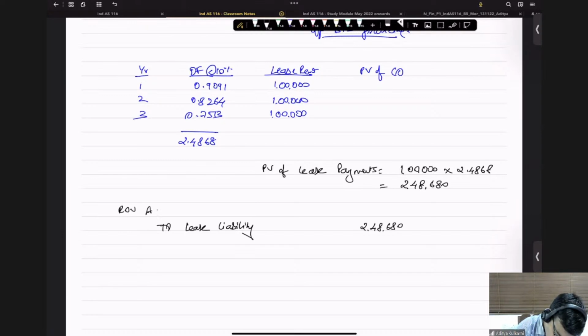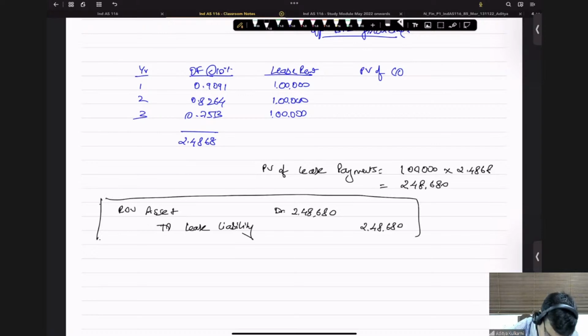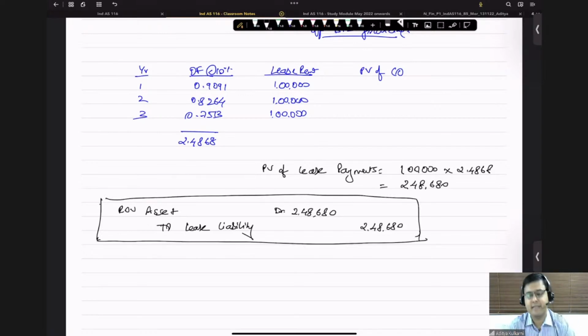Well, you are going to debit something known as ROU asset, that is the office space, 2,48,680. And this ROU asset which you have recognized will appear in your balance sheet as a separate line item.